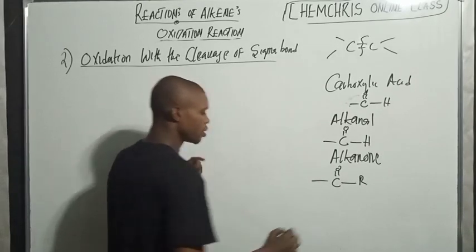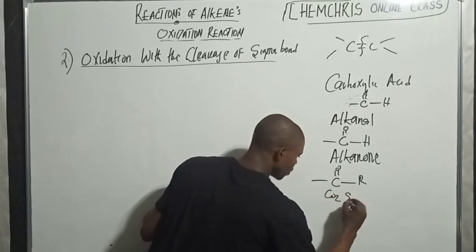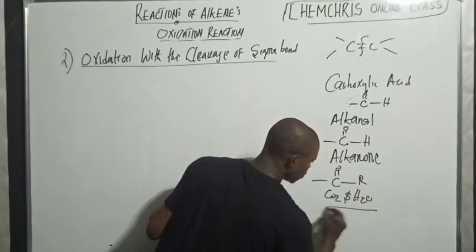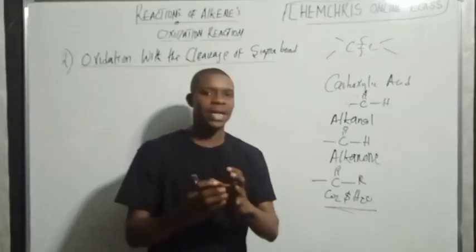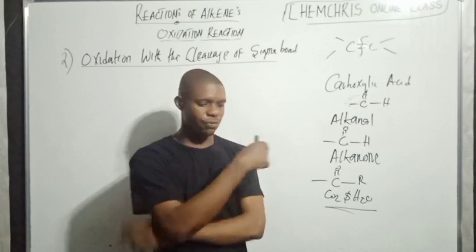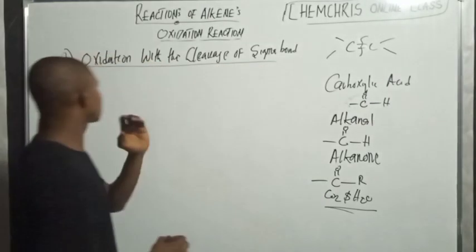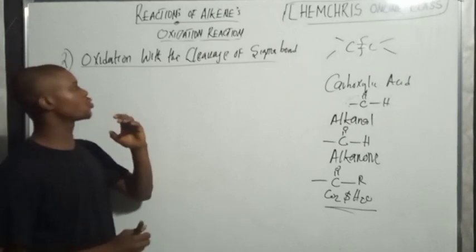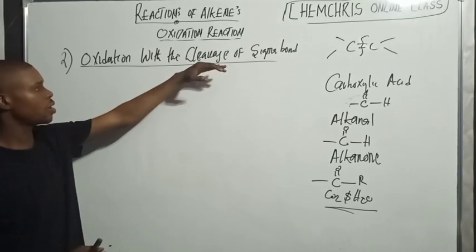Or it can be CO2 and water. So it depends on the reagent you are using and the type of alkene involved. Now we have two reagents that you can use to get these products.